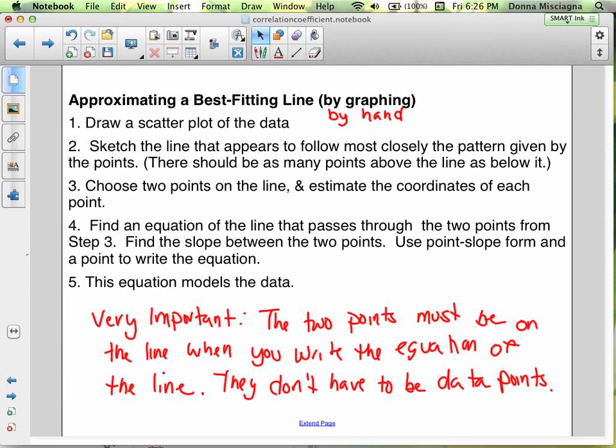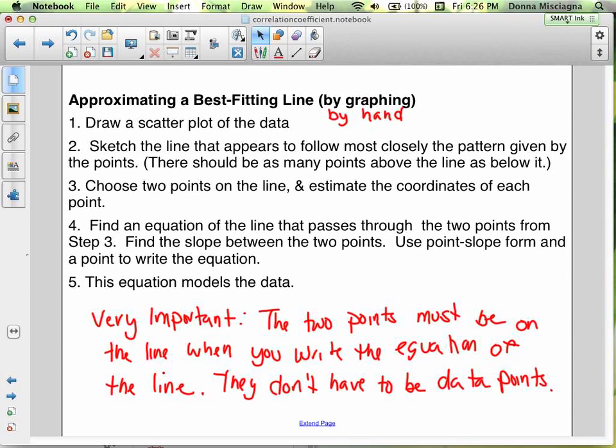And we're always going to graph, by the way, on graph paper. A linear regression not done on graph paper is absolutely useless. You may as well just make a guess on what the equation is. But choose points as close to integer values as possible, or maybe halfway points between integer values, because we want to do as little estimating. We want this to be as accurate as possible.